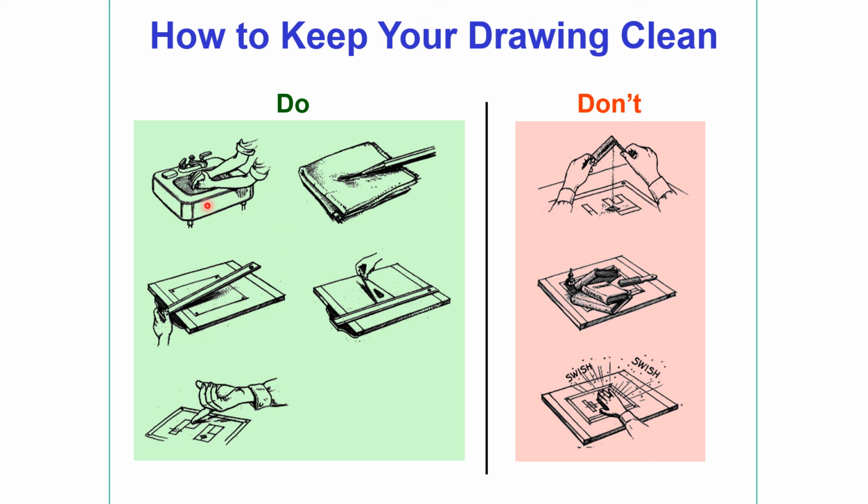Wash your hands, use the instruments with care, sharpen your pencil, and for touching the drawing use nails. For sharpening the pencil, do not use sandpaper directly on the drawing, do not place books etc. on your drawing sheet, do not swipe with your hand. So those are the bad things, and those are the good things.